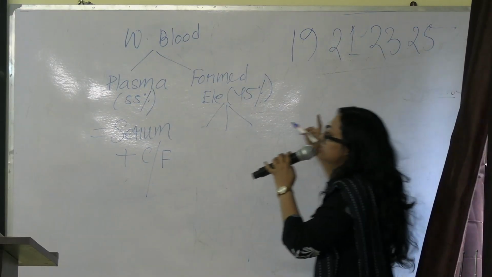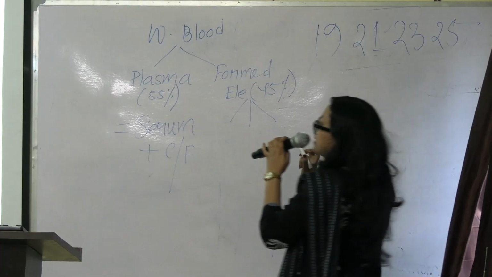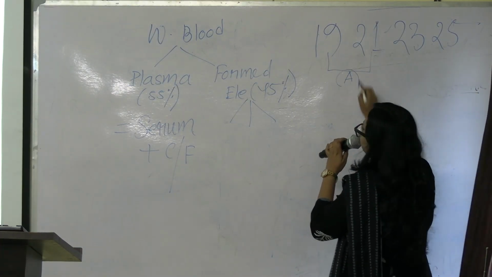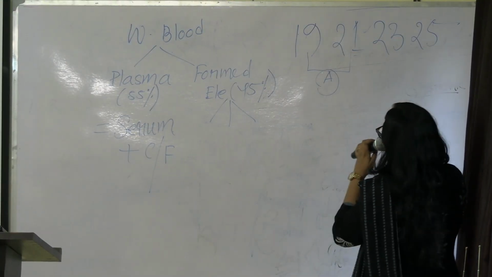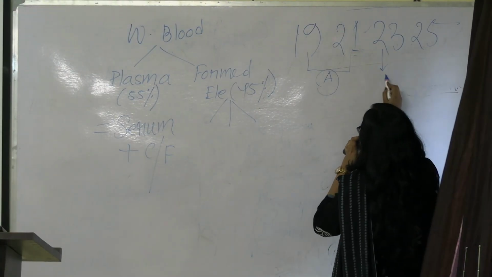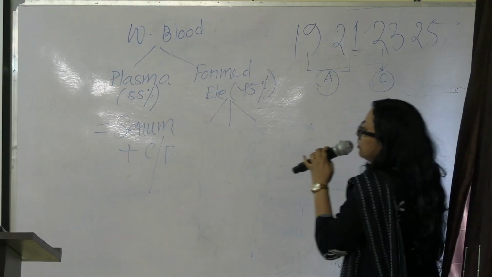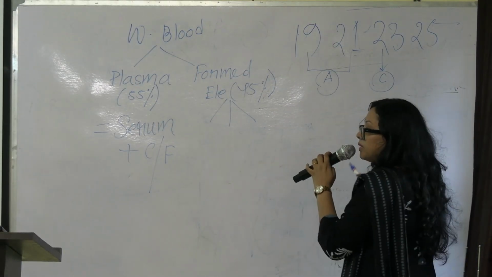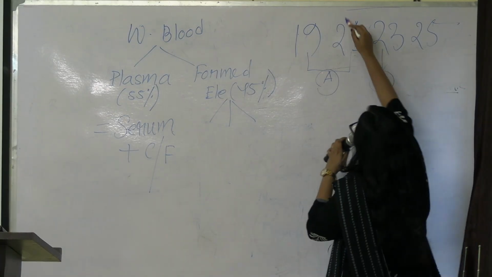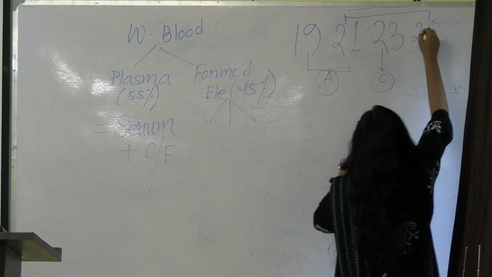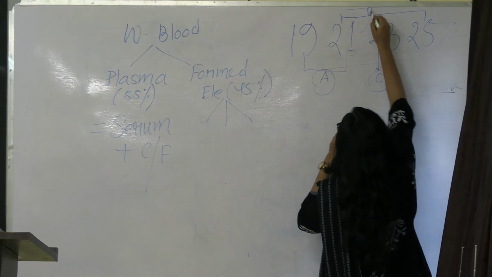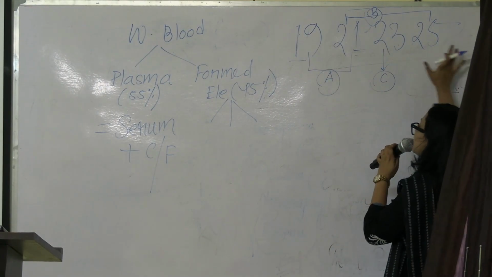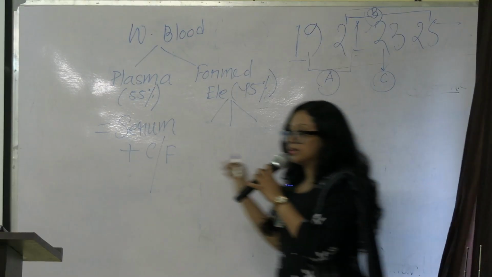Okay. Now, as you can see, it is written that for adults it is 19 or 21. So, 19 or 21, it is A, and then for children it is 23. So, C, it is 23, and there is something called a butterfly needle, which is basically used when blood has to be collected from a very small vein. So, 21, 23 and 25, these are smaller needles, so it is B. So you start from 19, you eliminate one number and write A, B, C, and you are sorted.